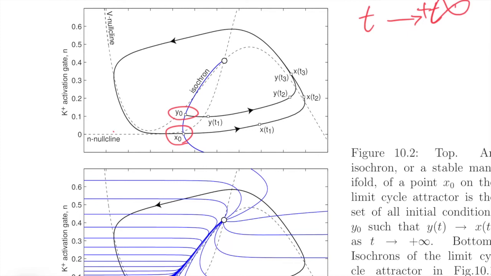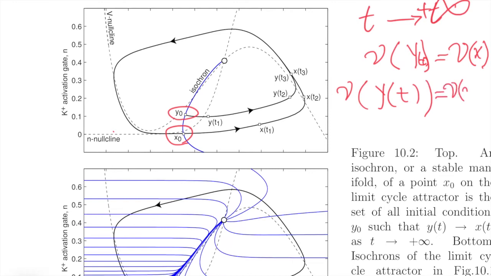And it means that we say there is something named nu, which is our phase. The phase of y is equal to the phase of the point of x, both of which are a function of time, right? Like nu of y of t is equal to nu of x of t. So when time goes to infinity, it doesn't matter if you start from here or here or here, all of them will be on this limit cycle.